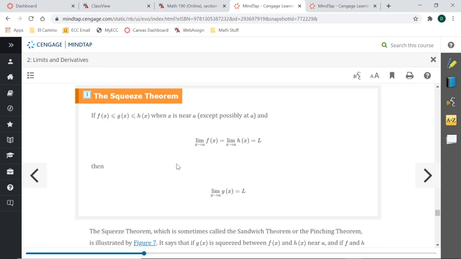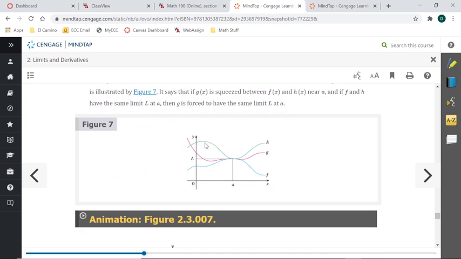We can visualize this as so: there is an upper function and a lower function, and then there is our function contained between them, within some interval around the limiting value a, so that it's relevant to the squeeze theorem.